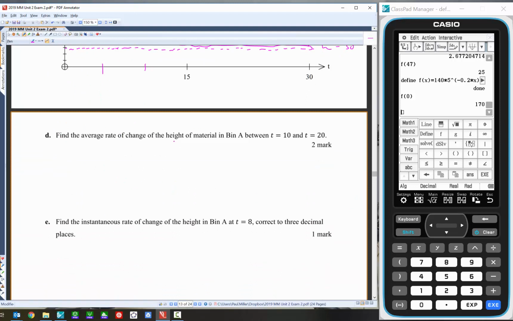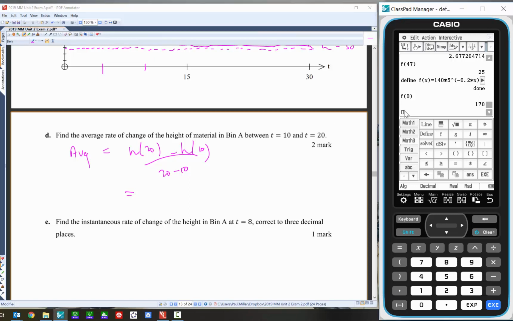Average rate of change. All right, so the average rate of change is simply the gradient. So average is equal to h of 20, take away h of 10, all over 20 take 10. Slam that into the calculator.